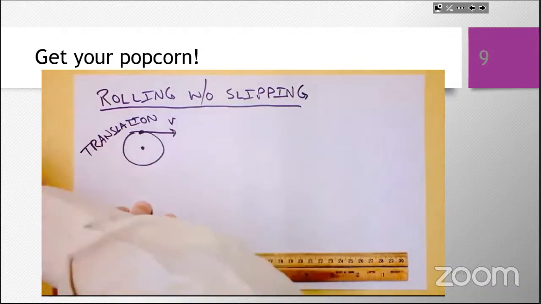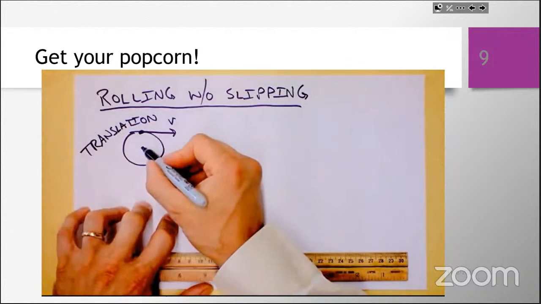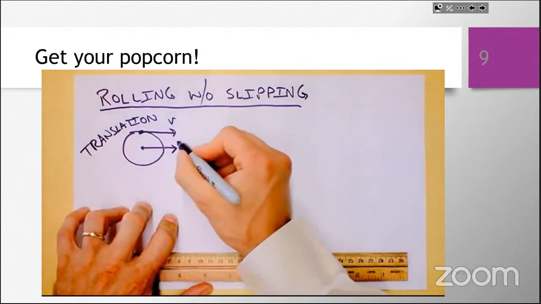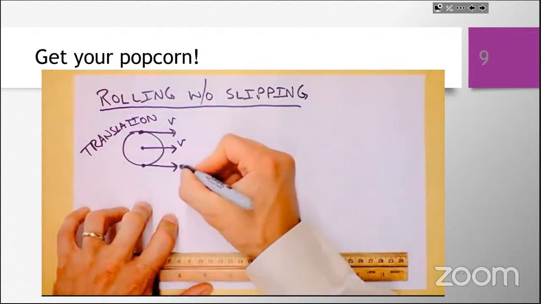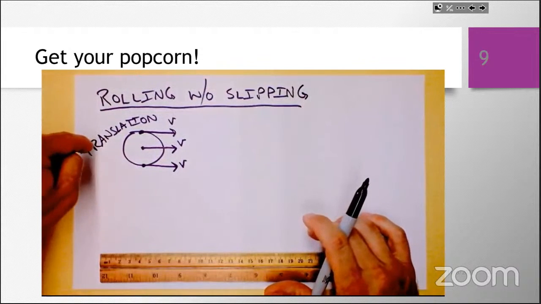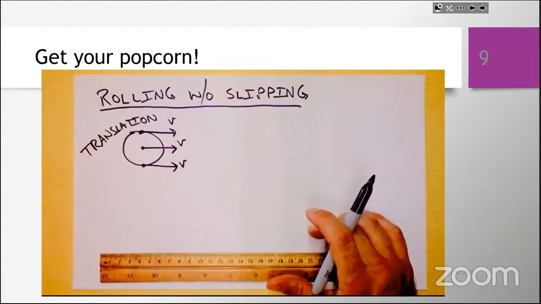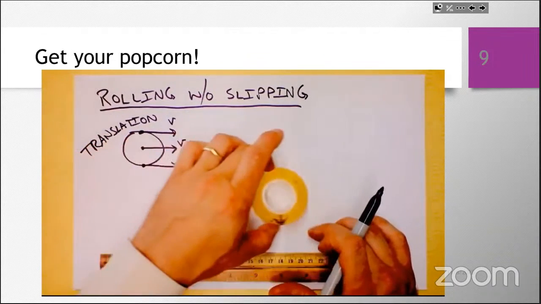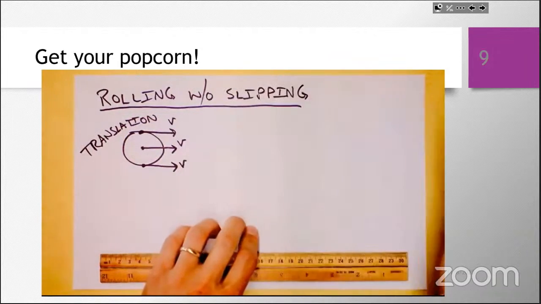The center, or the axle, if it were a traditional bike or car wheel, would be moving at the same velocity, and the bottom is also moving at the same velocity. Now, translation is rolling with slipping, or maybe it's not even rolling. It's you slam on the brakes and the car skids as you continue to translate the car.